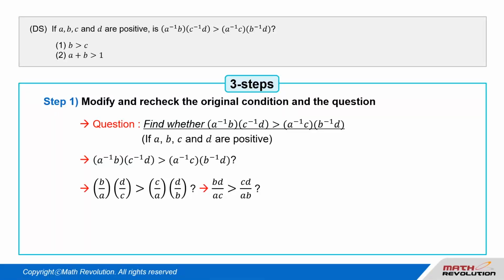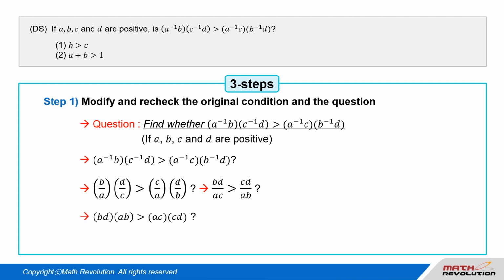The question asks us whether (a to the power of -1 times b) times (c to the power of -1 times d) is greater than (a to the power of -1 times c) times (b to the power of -1 times d). This can be rewritten as whether (b over a) times (d over c) is greater than (c over a) times (d over b), or whether (b times d) over (a times c) is greater than (c times d) over (a times b).